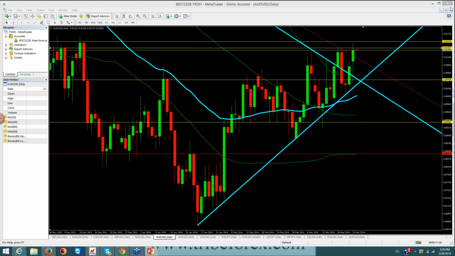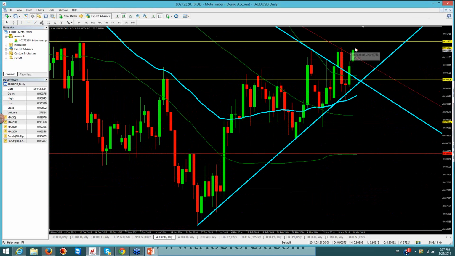So we're seeing consolidation movement, not necessarily at 91.50, but at 91.30, 91.35. We have closed within that area. We're looking for price to come back into this consolidation area, because this is major consolidation here on this Aussie dollar, and that's where we're at.